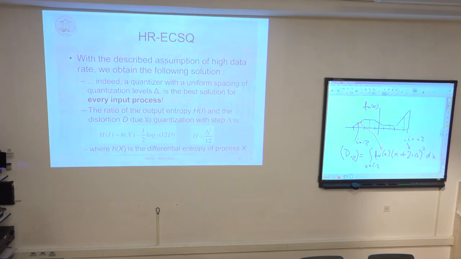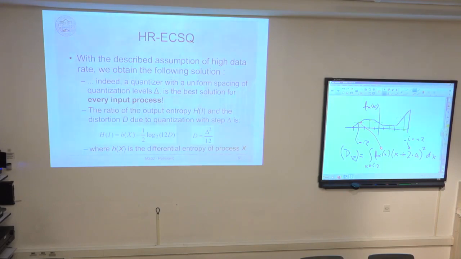So for all processes that have the same variance, which of those has lower or higher differential entropy? And this gives us the answer on the influence of the signal on the output rate, on the output entropy. If the signal has higher differential entropy, it will cause higher required output entropy for transmission.